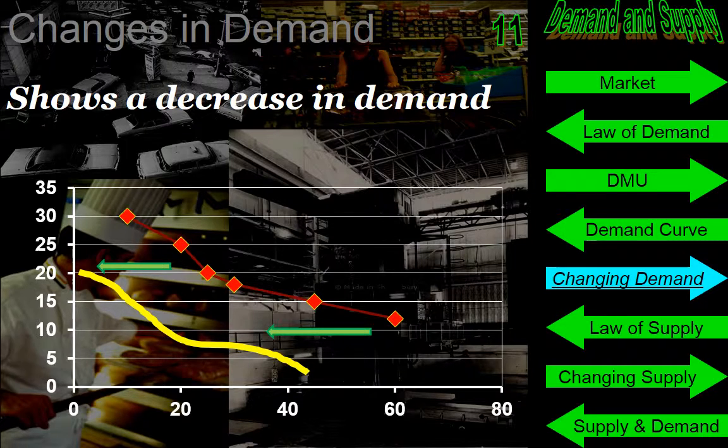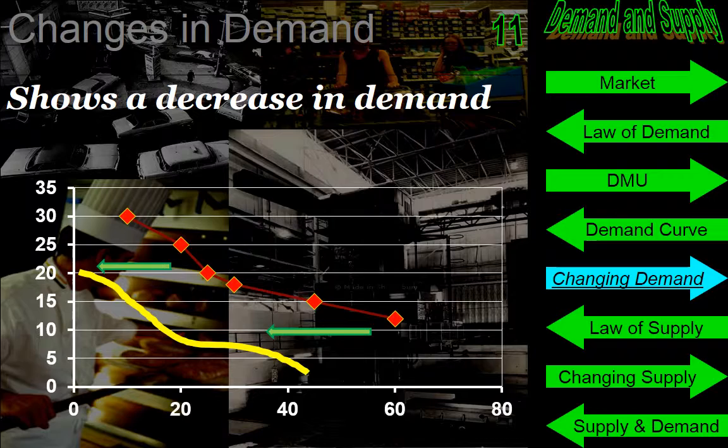So you see that the new line, the yellow line, the big thick one that I have there, has moved to the left, right? That shows a decrease in demand. If we were to draw the lines across, we see that at $15, the original amount was about 45, but now it's about 10. So that is definitely a decrease in the amount demanded.